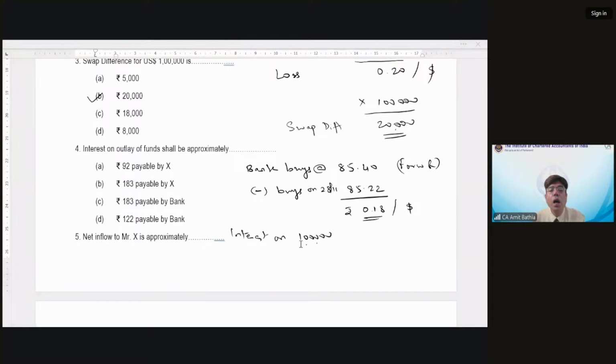Interest on $100,000 for 31 days. So how much will that be?